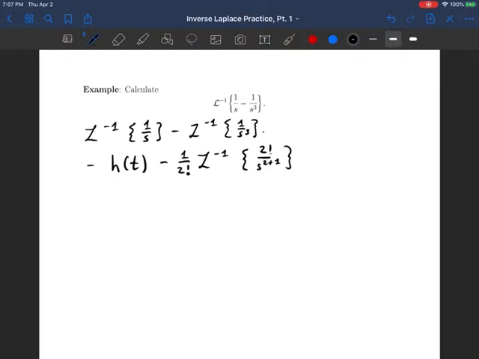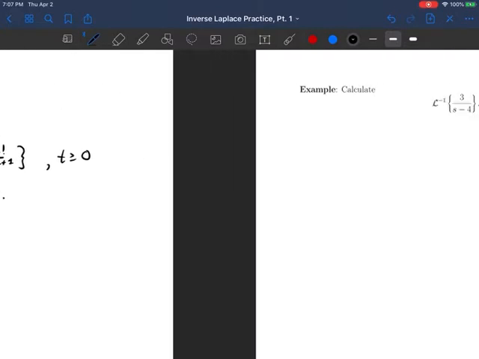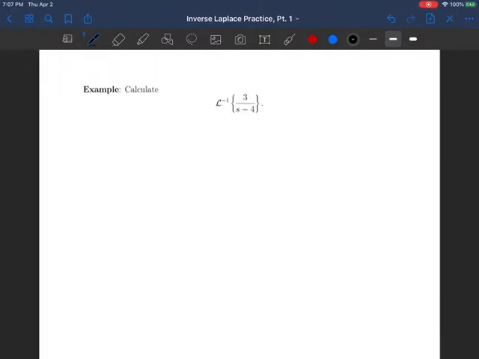And we had 1, and we're going to divide by 2 factorial. So that having been done, we now have h of t, which is 1 for all t greater than or equal to 0, which are the only ones that we're looking at. Here we have 1/2, and the inverse Laplace transform is t squared. And so we have 1 minus 1/2 t squared for t greater than or equal to 0.